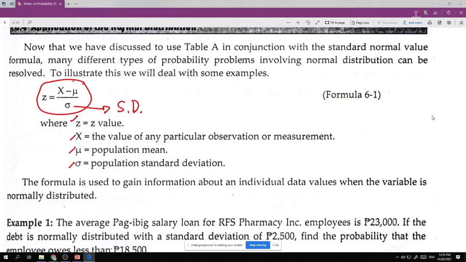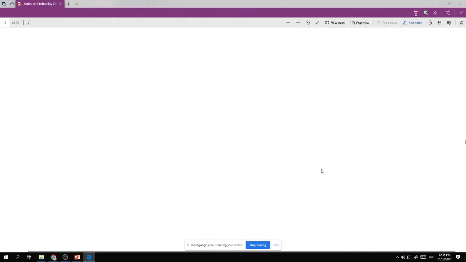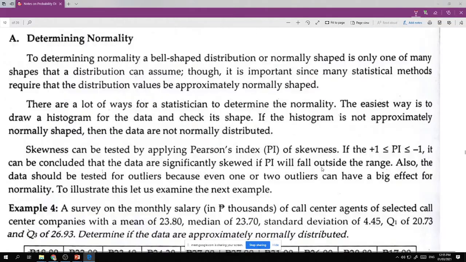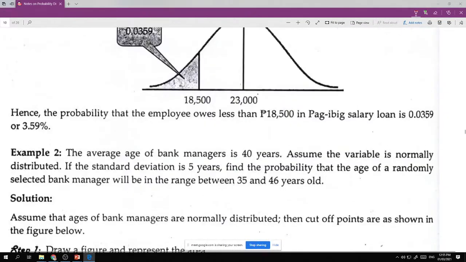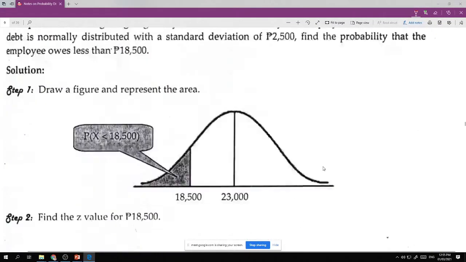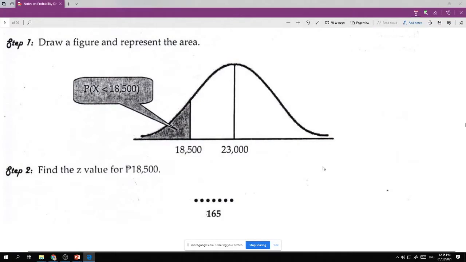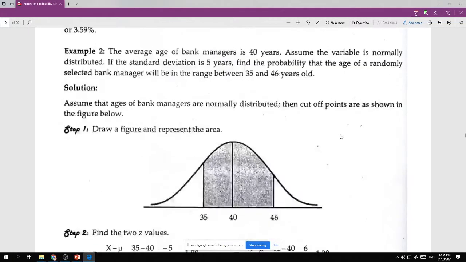We will apply it in problem solving. We will go to over here. I passed it. This is, there you go. Problem number, no, not that. Application.